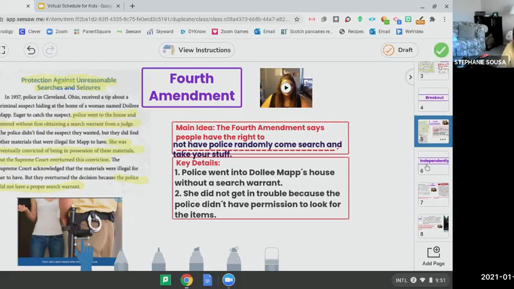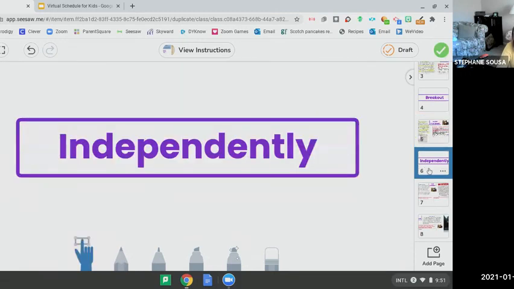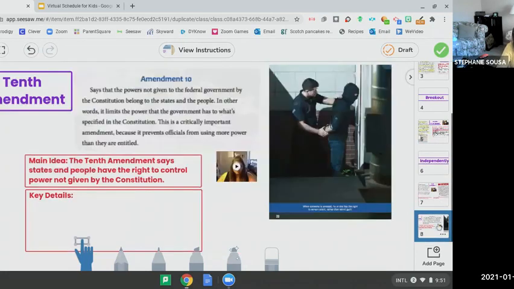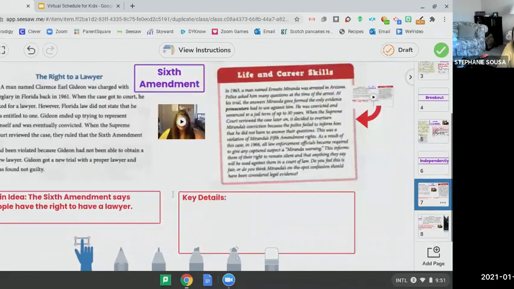For your independent work time today, it is your last 2 slides. Independently, you are going to find the key details of the 6th Amendment and the 10th Amendment, okay? So you will notice the main idea has been given to you. It is finished. The 6th Amendment says people have the right to a lawyer.